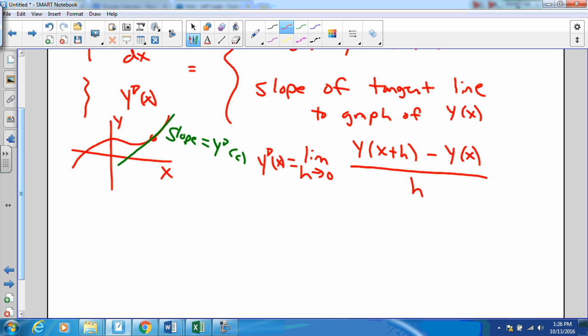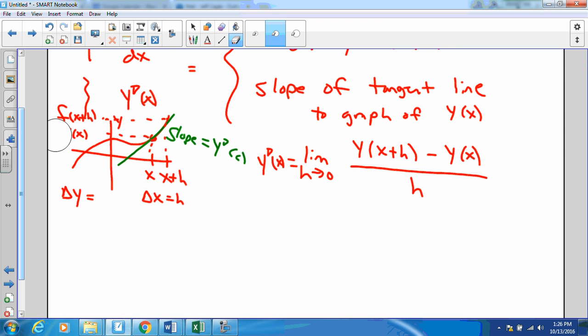And the picture that we draw is that on this graph right here, if I have point x, and I now go to a new point, x plus h, then delta x is equal to h over here. And this point up here will be f of x plus h, and this point will be f of x. Let's call these y of x plus h and y of x so we're clear.